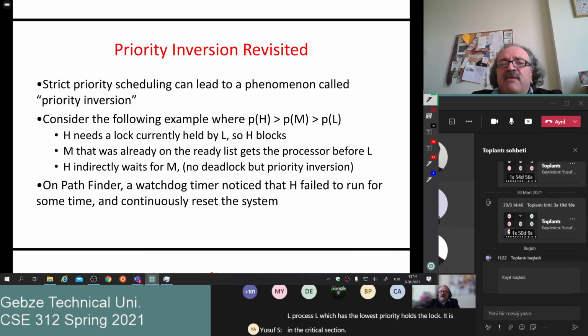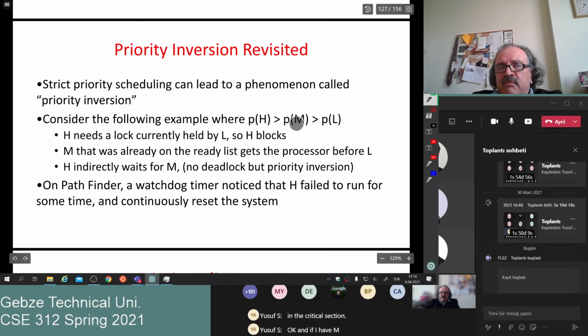And if I have M runnable, M will keep running because it has a higher priority than L. That means that L has to wait until M is done, but H is waiting for L to leave the critical region.